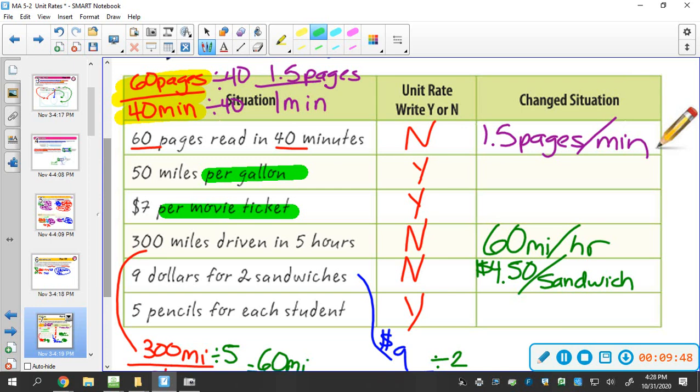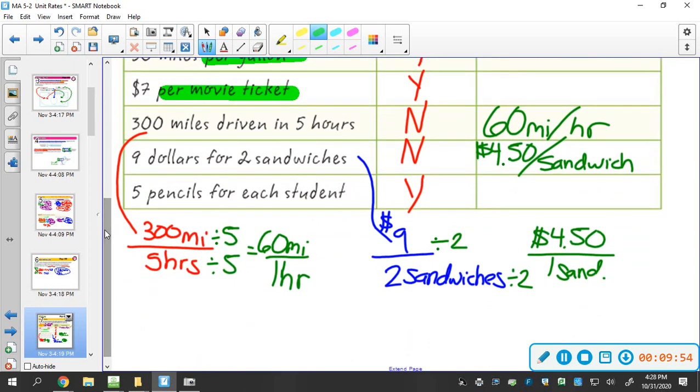The next one, 300 miles driven in 5 hours. No, that is not a unit rate. I had to change it to a unit rate. And you can see here I did 300 miles over 5 hours. Divide by 5 because that gets me the per hour I'm looking for, and that's 60 miles per hour. Same thing on the next one, $9 for 2 sandwiches right here. I have to divide by 2 because I want it for 1 sandwich.